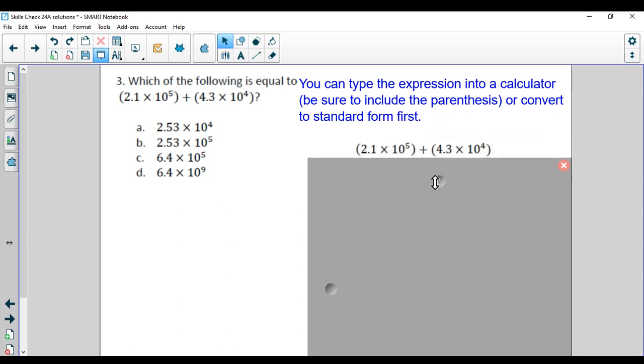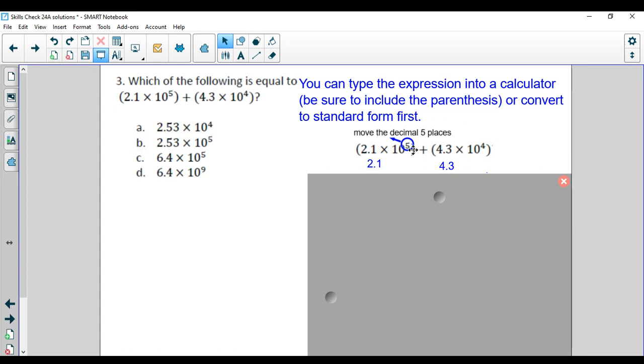So we have the original problem, and then we have to remember that that 5 means we're going to move the decimal point 5 places. So if I take this decimal that's between the 2 and the 1, and I move it 5 places, that's what my loops are for.